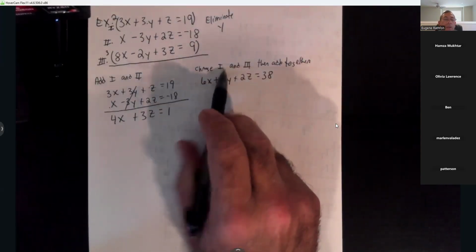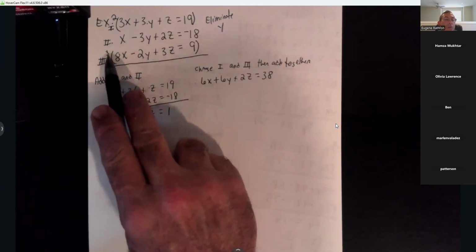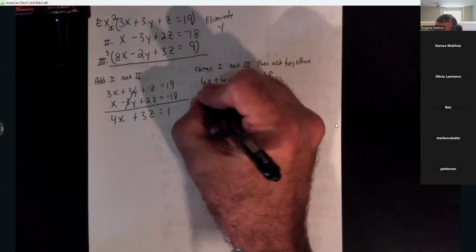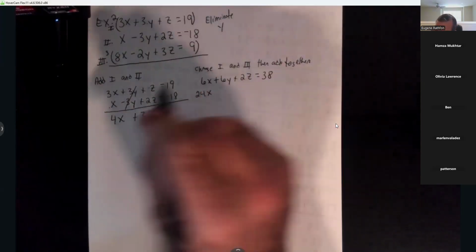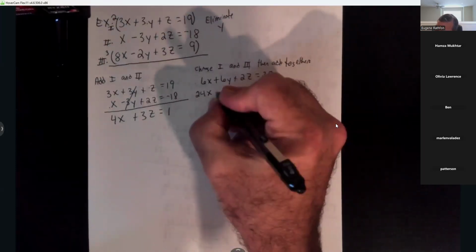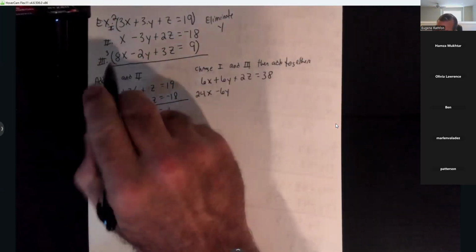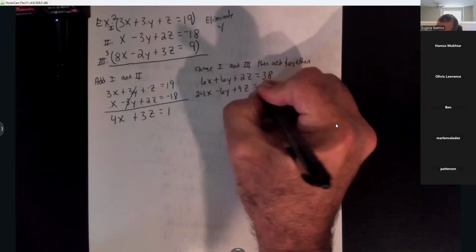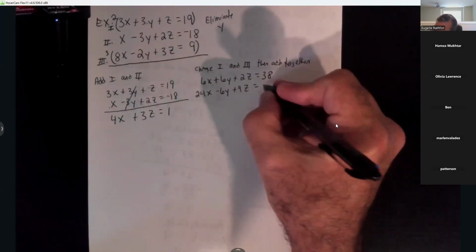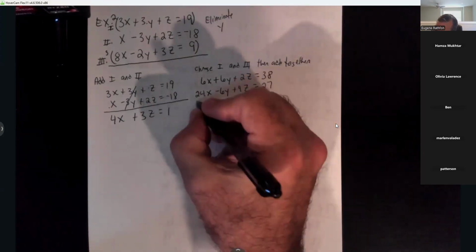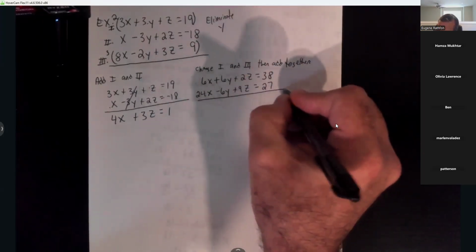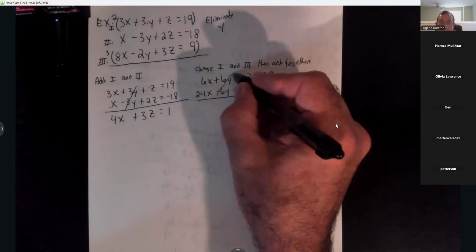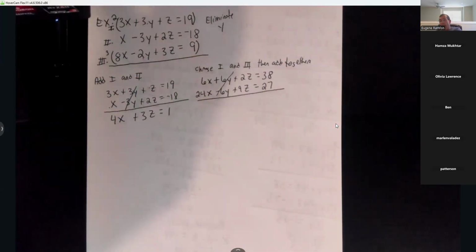That's changed 1. Now we're going to change 3. 3 times 8 is 24x. 3 times negative 2 is negative 6y. 3 times 3 is 9z. And then 3 times 9, 27. But y'all look at that. The y's are gone. So that's what I meant.